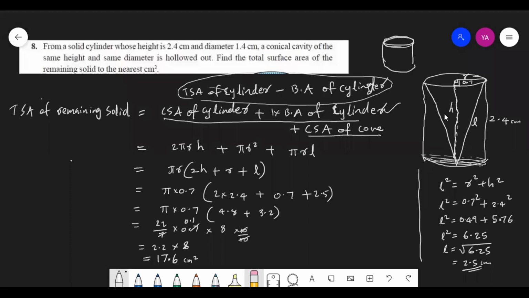It is said to round the number. Find the total surface area of the remaining solid to the nearest centimeter square. So we want to round it: 18 centimeter square. We got the final answer.